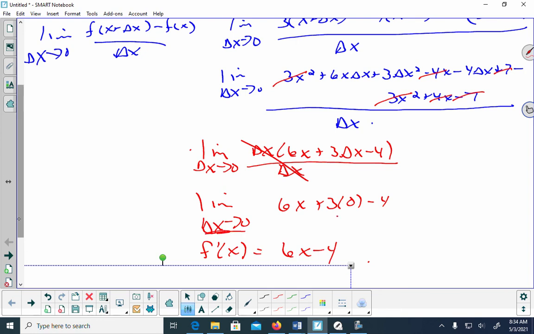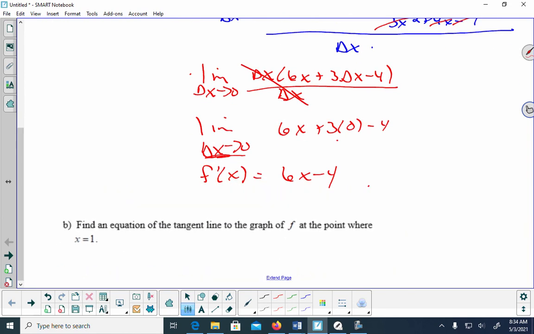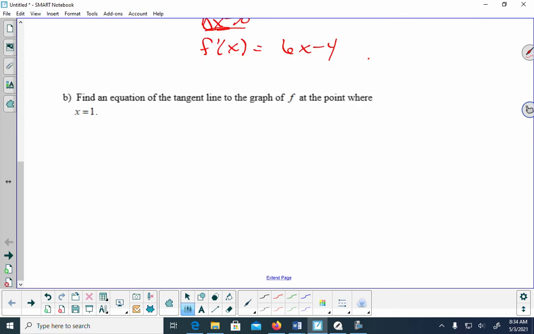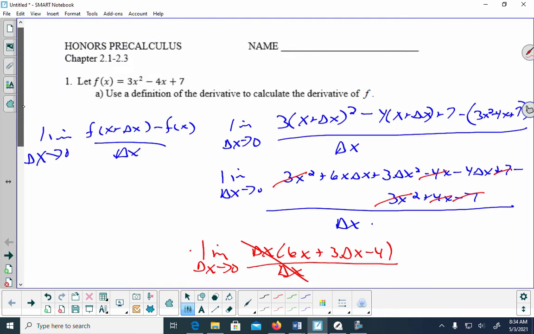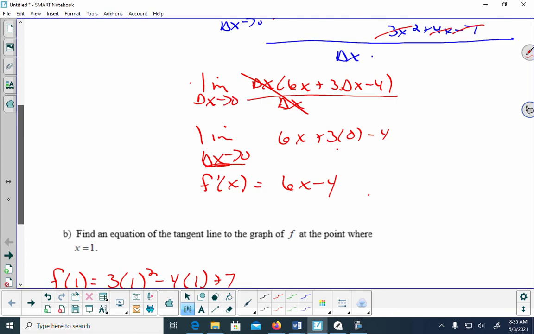That was part A. Part B says find the equation of the tangent line of the graph of f at the point x is equal to 1. So I'm going back up to my original equation, and I'm going to find f of 1. So I'm going to say 3 times 1 squared minus 4 times 1 plus 7, because it's 3x squared minus 4x plus 7.